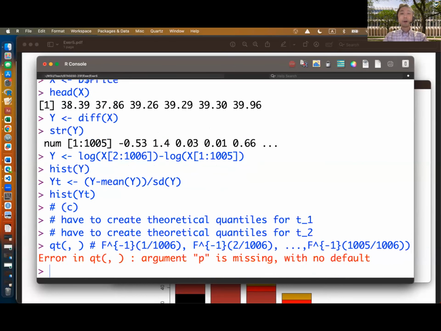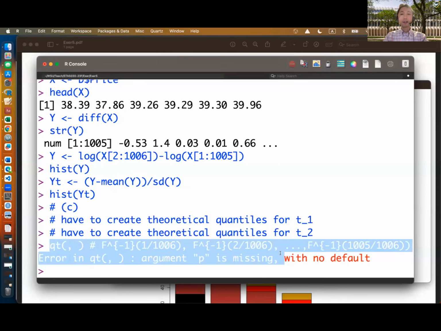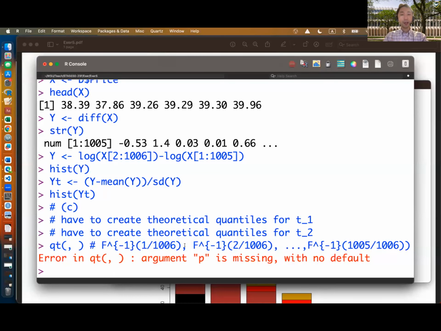Remember that in the slide, we have 4 observations, just for explanation purposes. With 4 observations, we calculate F inverse of 1/5, 2/5, 3/5, and 4/5. Here we have 1005 observations, so we calculate F inverse of 1 over 1006, 2 over 1006, up to 1005 over 1006. So we put 1 to 1005 divided by 1006, and degrees of freedom equal to 2.